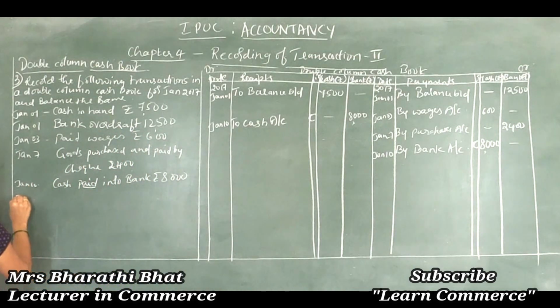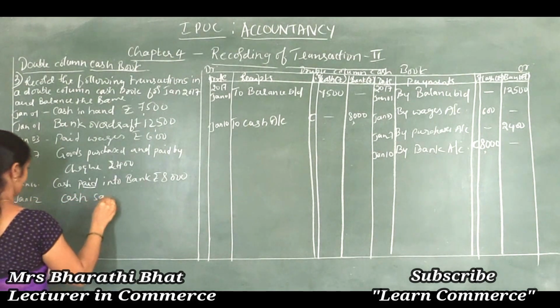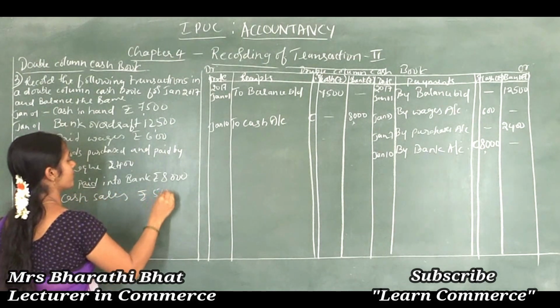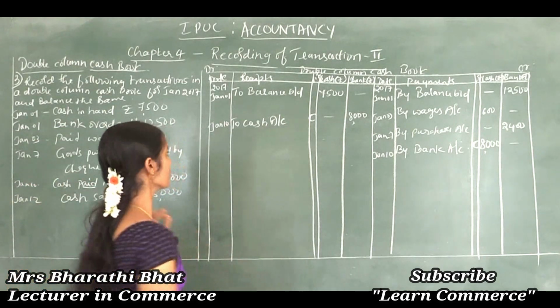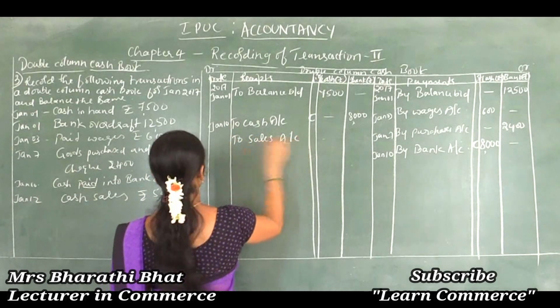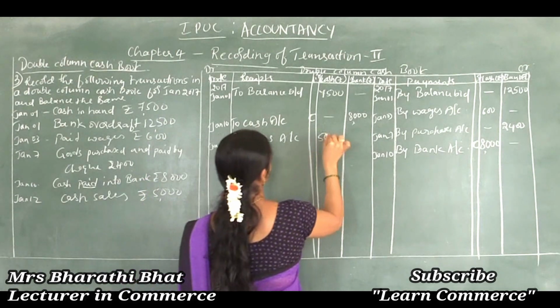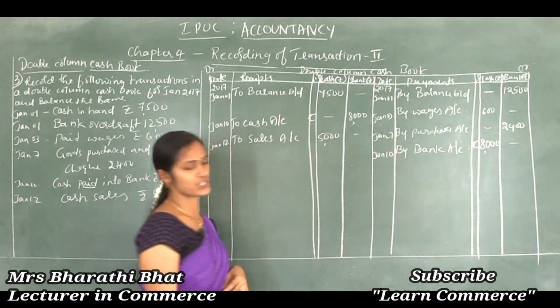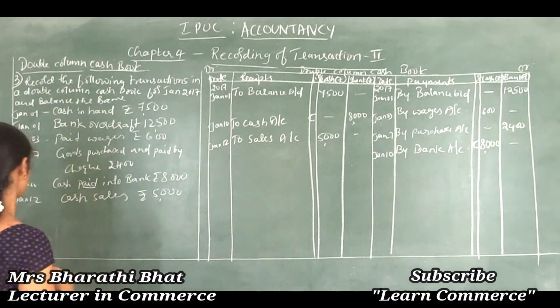Jan 12, cash sales, rupees 5,000. Cash sale means what? To sales account, receipt side. Jan 12, to sales, so 5,000 under cash column. And the next one, establishment expenses.